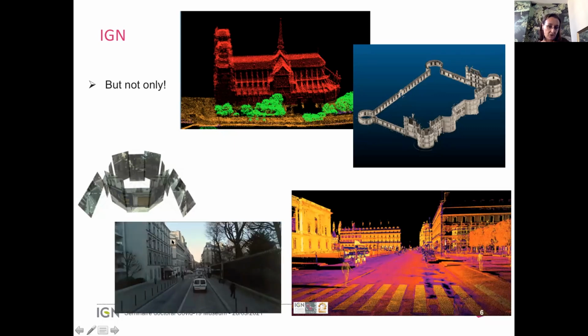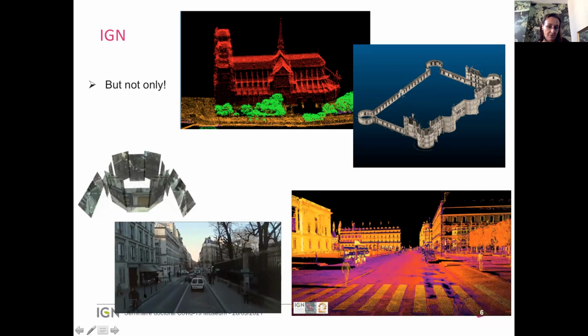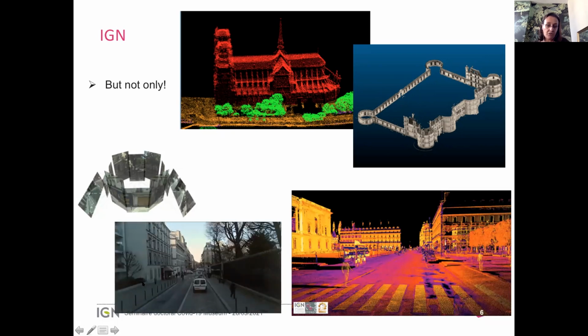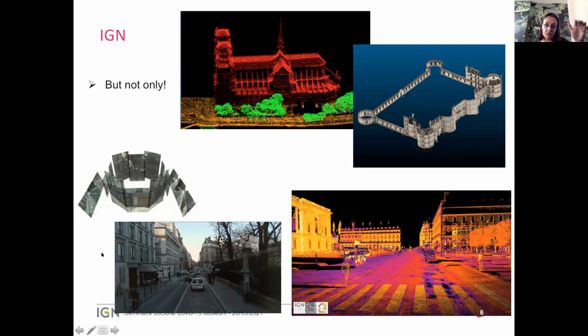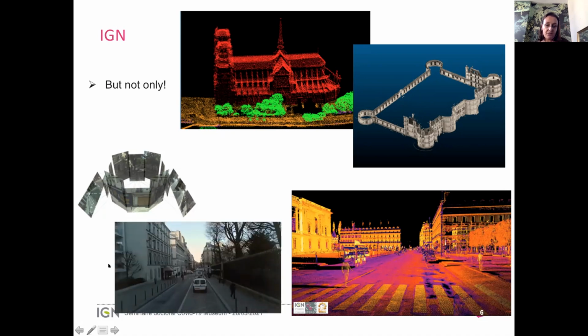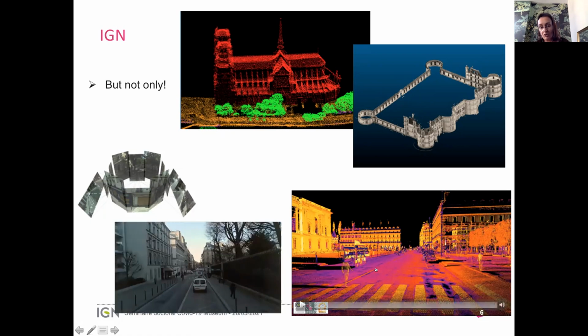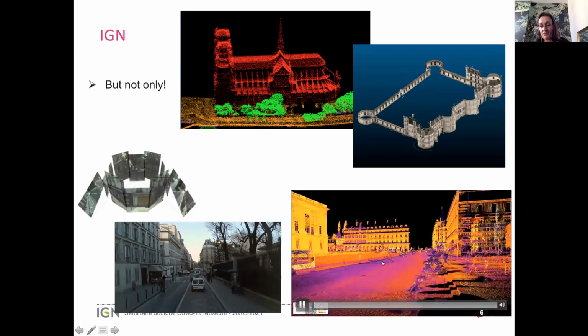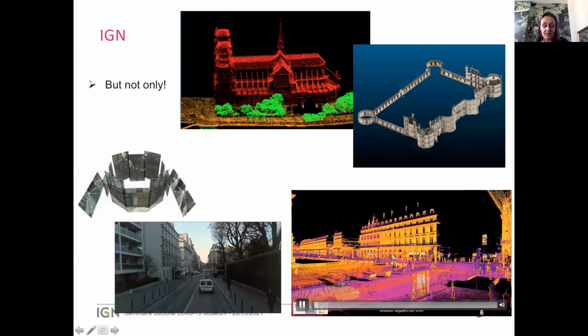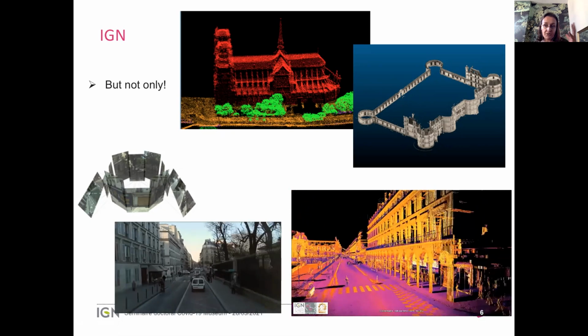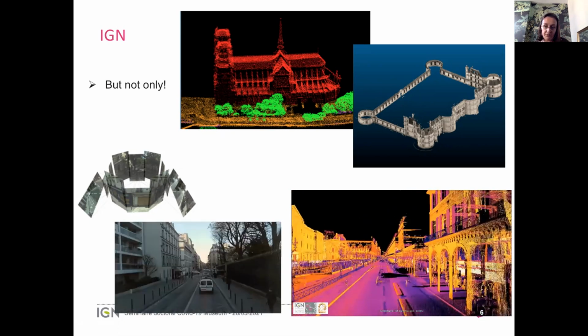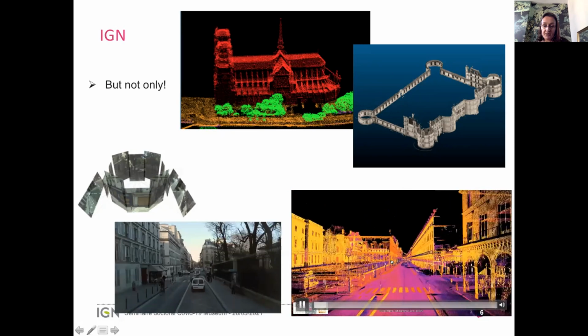For example, you can see here our mobile mapping system, which can capture street-level information, photometry images, and also 3D geometrical information. Here you can see LIDAR point cloud acquisitions of the city.